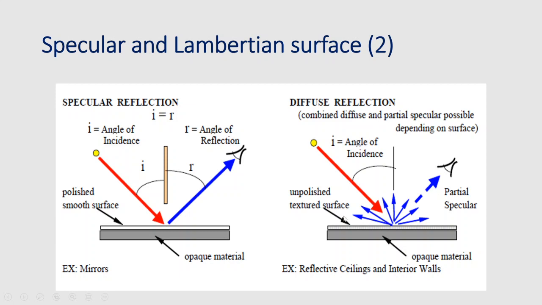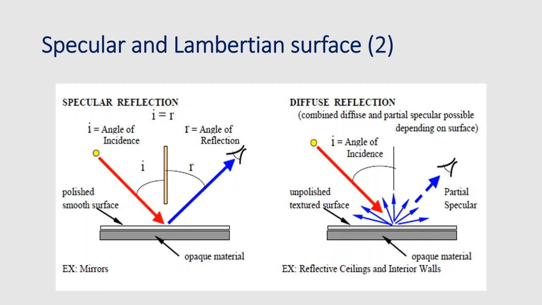The specular reflectors reflect in one particular direction, where you see these angles are the same, while Lambertian or diffuse reflectors, independently from the incident angle, reflect in all directions.